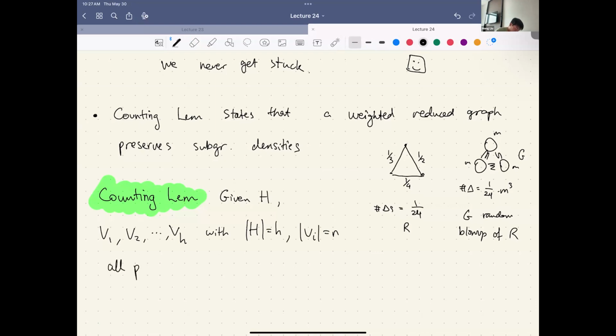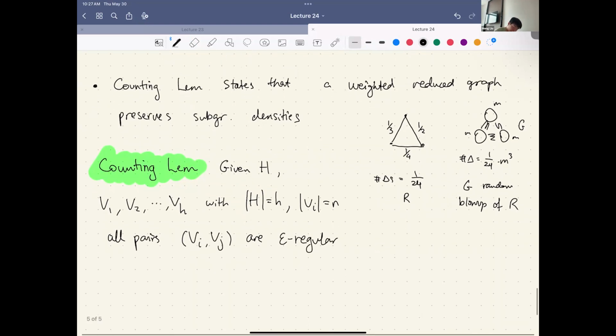All pairs Vi, Vj are epsilon regular. And the density d(Vi, Vj), which is dij, is much bigger than epsilon. Here by much bigger, it just means larger than some constant times epsilon.